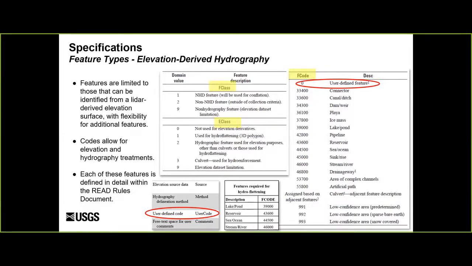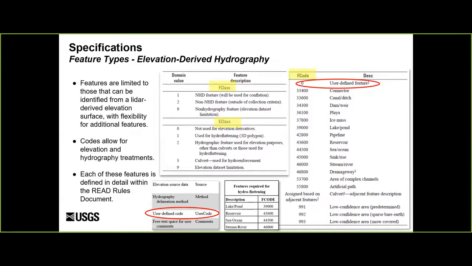EDH coding also allows for the collection of various types of hydrography data that can be used for different purposes. The F codes and NHD F codes are defined in the same way, and because they're defined the same way as the NHD, they facilitate the conflation of EDH to the NHD.